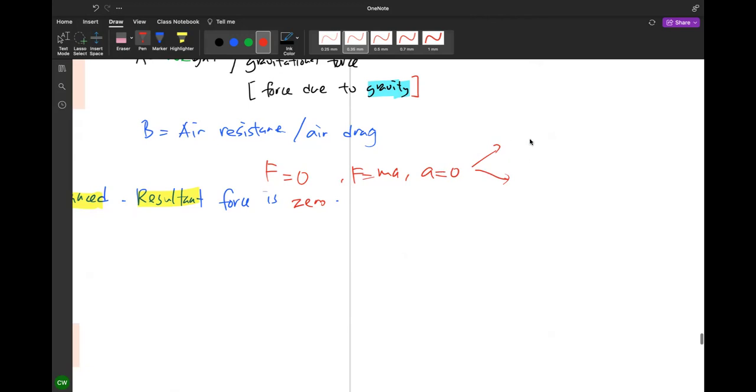If acceleration is zero, first, the object is undergoing constant velocity. One more phenomenon is what? Either the object is having constant velocity or is at what? Stationary, at rest or stationary.